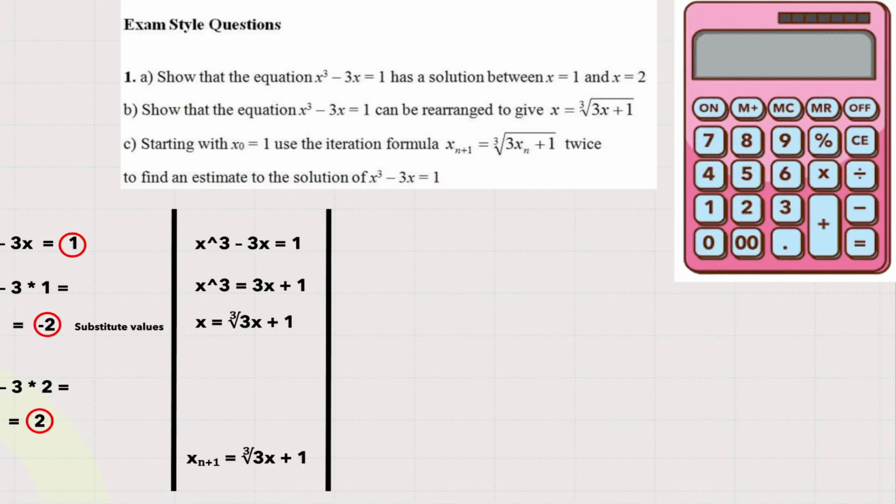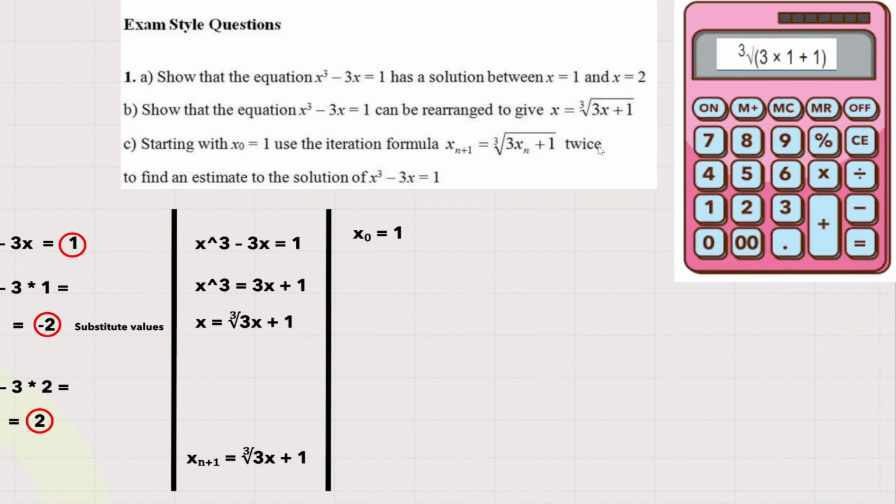Now we're going to be going over how to actually work out the solution of x cubed minus 3x equals 1. We're going to use our starting value of x0 here, which is the first term of x, even though it's 0, so technically it's the 0th term of x, but that equals 1. Then we can substitute our value of 1 into this formula here to get x1.